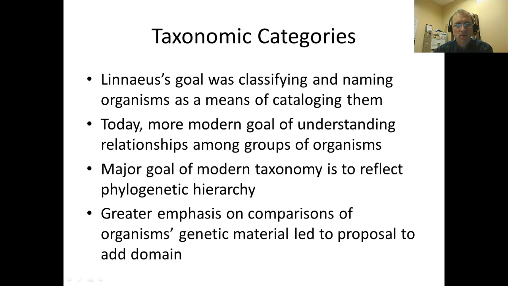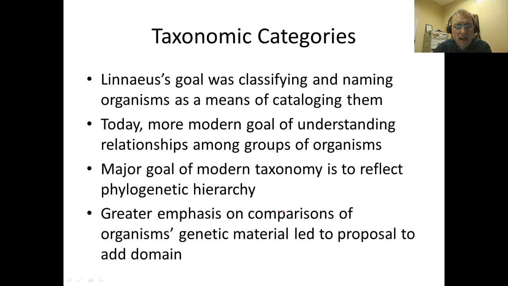So Linnaeus's goal when he was beginning to classify these things was simply to try to catalog all the different organisms that he was able to view. All of his classification schemes were really based upon the way things appeared. And so two organisms that had hair and were warm-blooded and had live young, he classified as being related to one another simply because of the types of bodies that those organisms have.